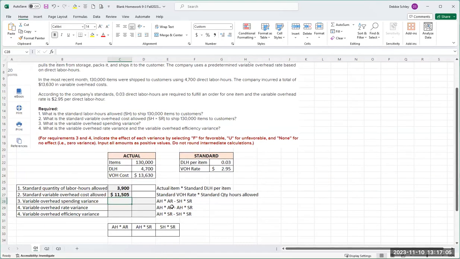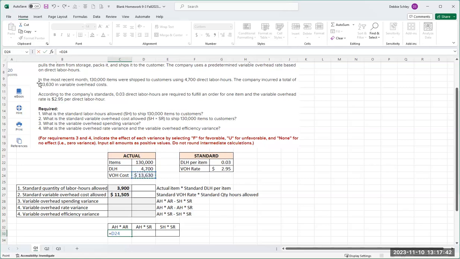Okay, so now we're getting into spending variance, rate variance, and efficiency variance. So I'm just going to really quick fill in my chart: AH times AR, AH times SR, SH times SR. For variable overhead, actual hours times actual rate, they gave it to me in a total right here.